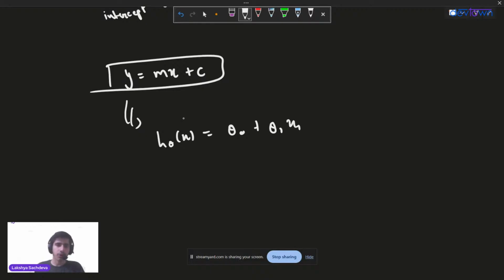H theta x is nothing but y. Theta 0 is the intercept, theta 1 is the slope, or we can say m, and x1 is the input value. Most of the times this is how we write the equation of line, but we will be considering this equation only.